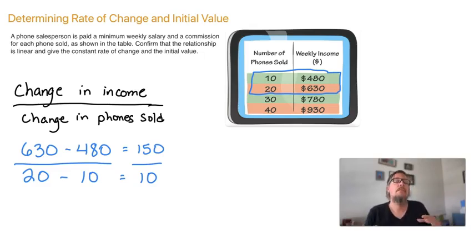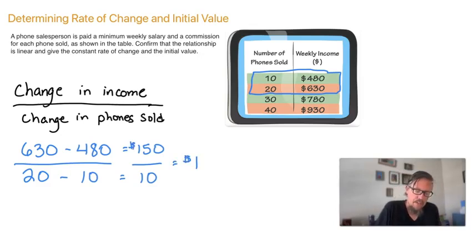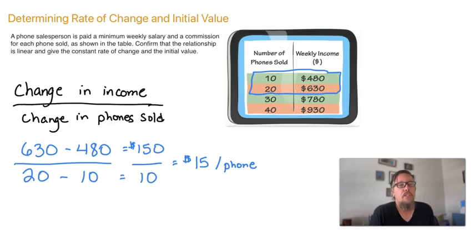In other words, how much money did we get per phone? Well, this is a simple division problem. If it's $150 for 10 phones, then it would be $15 per phone. So that was our rate of change for those 10 phones.